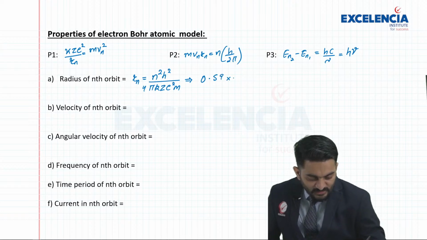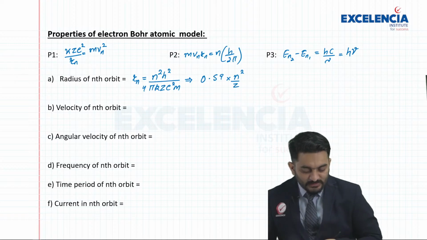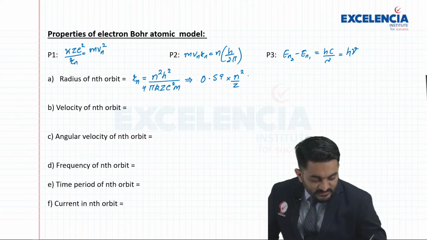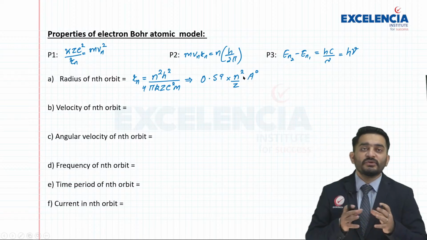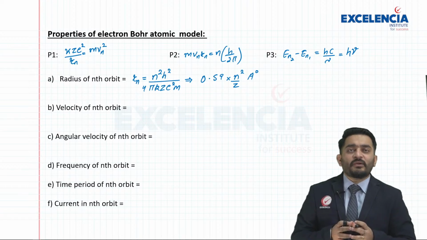The quantity which the examiner can change is n square as it is and the value of Z. It should be written in this manner, and the answer whatever you get is a radius, so definitely the answer is going to come in angstrom, which is the unit, 10 raised to minus 10 meter.